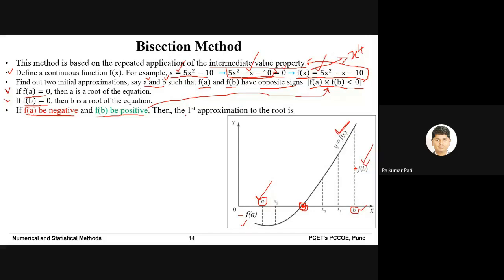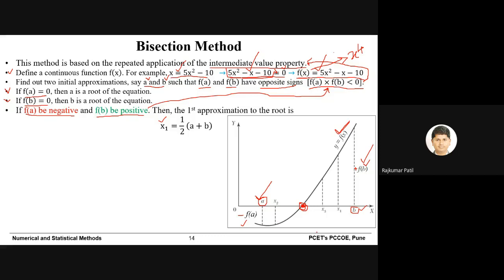The first approximation of the root is calculated using the formula of the bisection method, that is x1 equals 1/2 times (A plus B). We are just dividing the interval AB and finding the middle point of it. So this is the formula of the bisection method, and we calculate the first approximation of the root as x1.